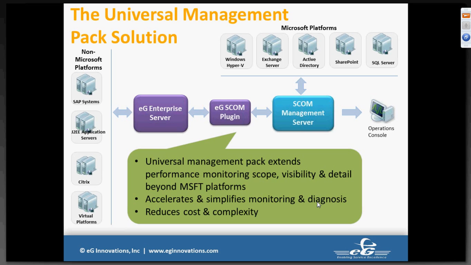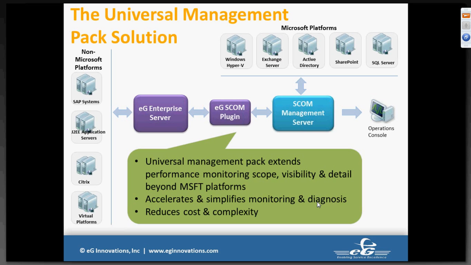The advantage of this approach is that administrators do not have to deploy many management packs from different vendors. They can use SCOM to monitor Microsoft services in the infrastructure, use EG Enterprise for all the non-Microsoft elements of the infrastructure, and this way, the EG SCOM plugin enables a universal management pack to be deployed for SCOM.